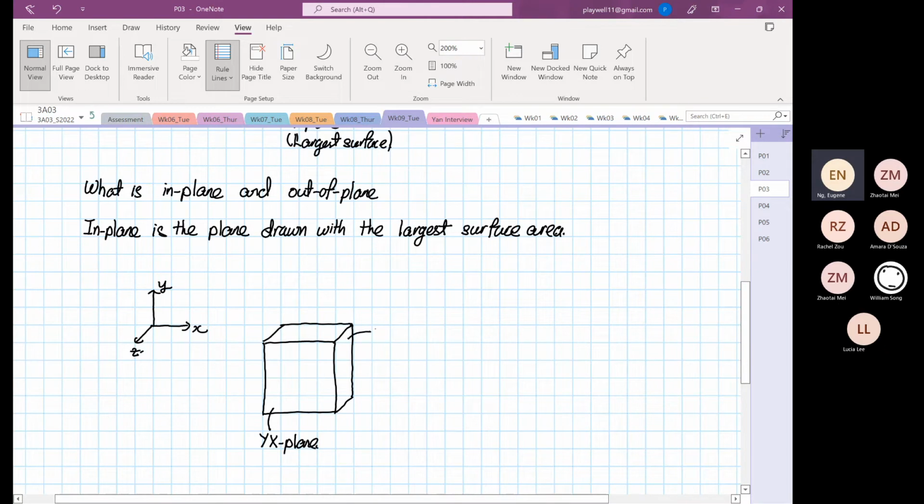Over here, this is our YZ plane, and over here, this is our XZ plane. Why did I put YX?